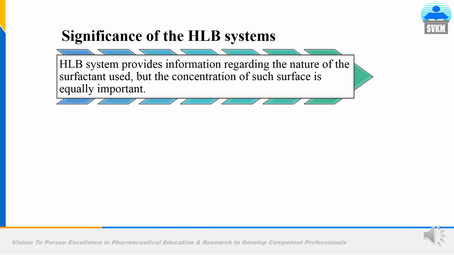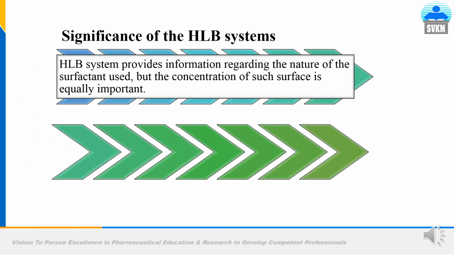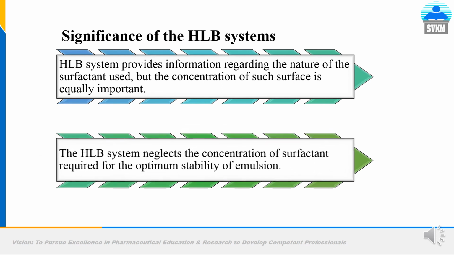But along with that, the concentration of the surfactant molecule is also equally important, and the HLB scale neglects information regarding concentration. It does not provide the concentration required for optimum stability of an emulsion system.